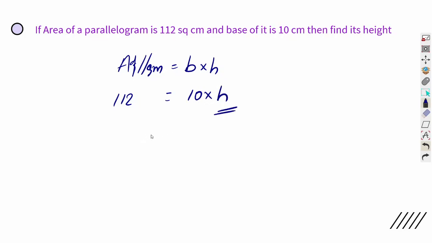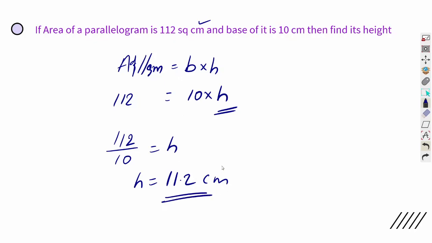It is as simple as that. Then you will write 112 upon 10 is the height, and naturally height will be equal to 11.2. The unit is centimeters. Area will be mentioned in square centimeters, and height and base will be mentioned in centimeters. That's all. I don't think these are tough things for you.